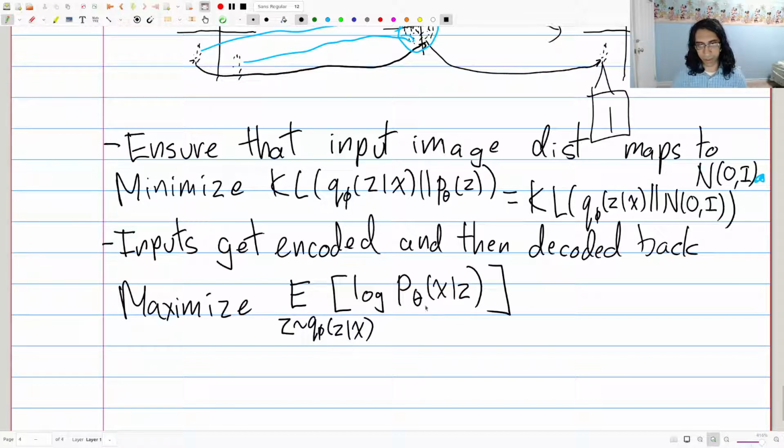And then what we do is we feed this into the decoder network. So Z, our probabilistic encoding of X, is fed into the decoder. And what we're trying to do at this point is maximize the likelihood, essentially, of seeing the original point X again.